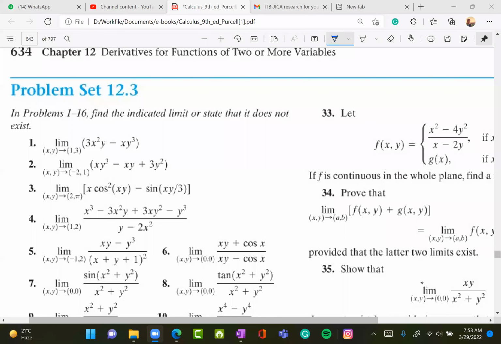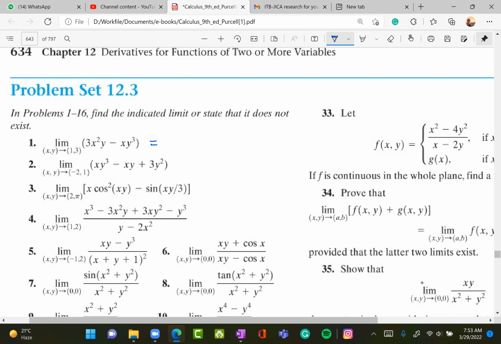Okay. Let's do a couple of problems from the exercise. For example, this one here. Computing this limit. This is a polynomial. So this is the case when you just plug in a number.